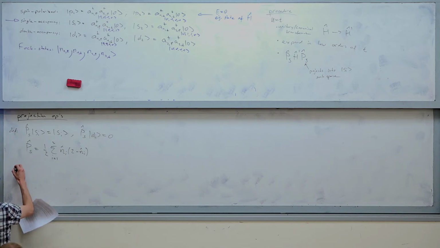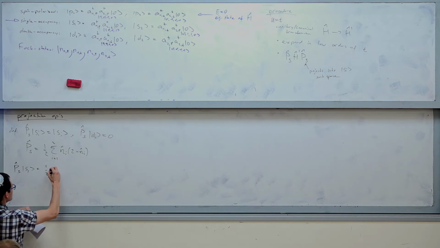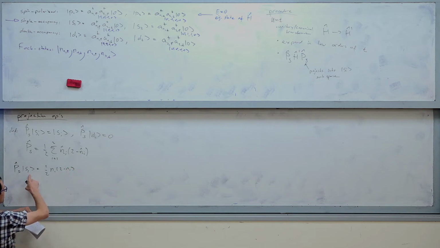I'm going to apply this PS onto the state S1, and I have to get back S1, right? That's what must happen. If that doesn't happen, then I'm screwed. So this is 1/2, there's a sum here, N1 times 2 minus N1, applied on S1.